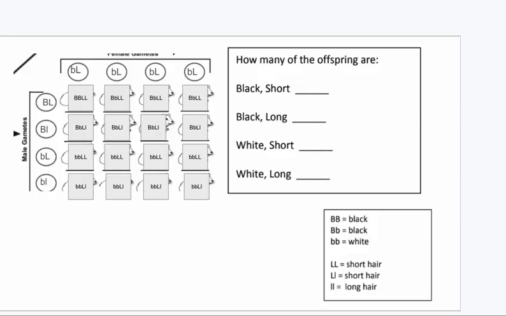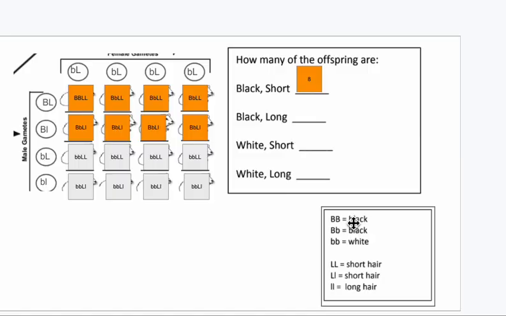So then we need to find our phenotypes. How many offspring are there? We've got 4 out of 16 that are going to be black with short fur. So we have homozygous dominant or heterozygous for hair color, and then heterozygous or homozygous dominant for hair length. Then we need to count up how many are black with long fur.